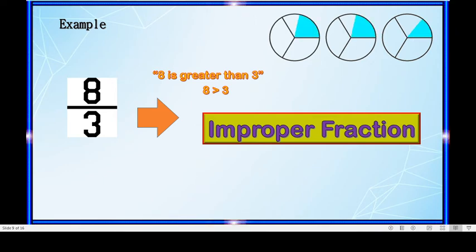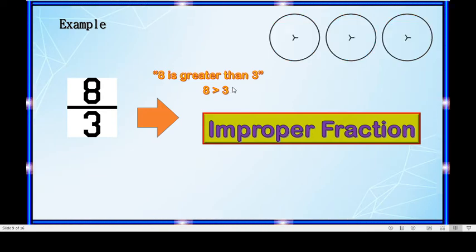As we look at the figure, a circle is divided into 3 parts. And we have to shade 8 parts.